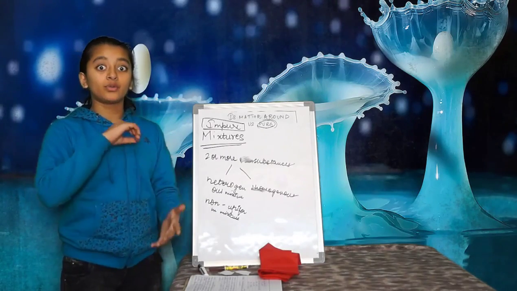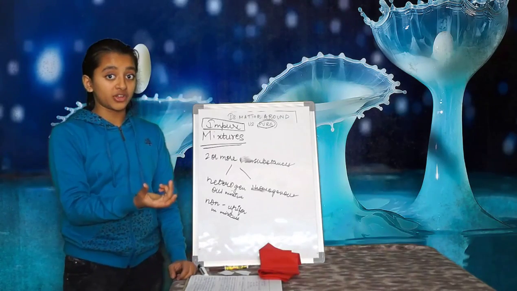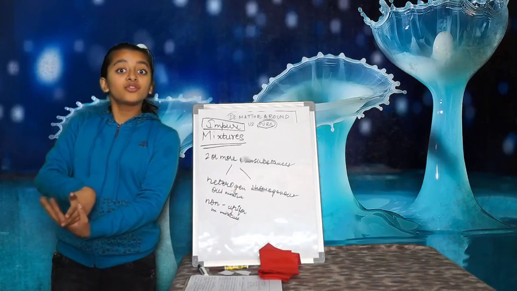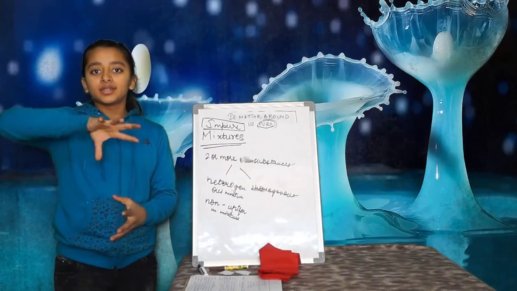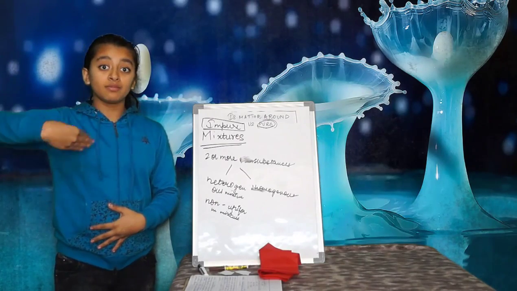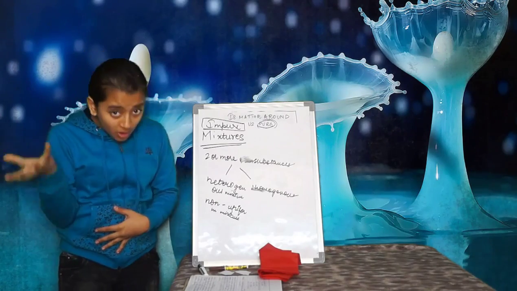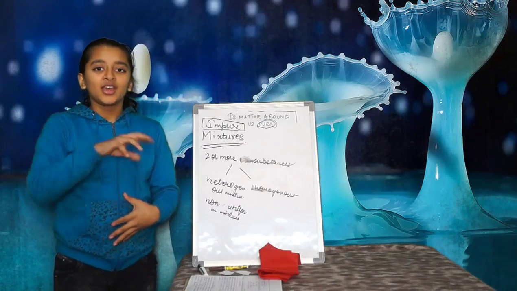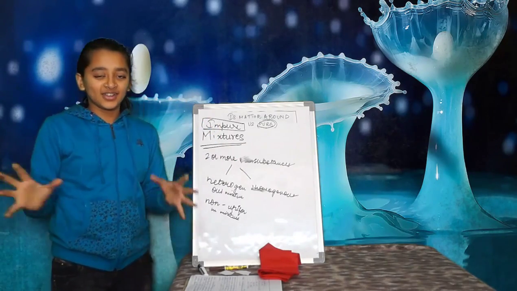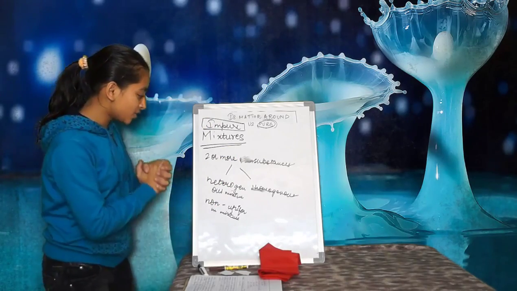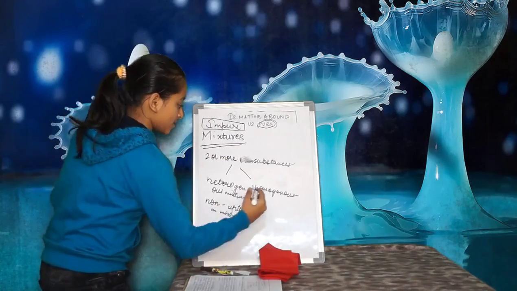That means you can have physically distinct parts. This is the layer of chalk powder, this is the water, and you can distinguish between the two. But in the case of a uniformly mixed mixture, that is the sugar solution, you cannot distinguish between the sugar and the water. So, it's uniformly mixed.